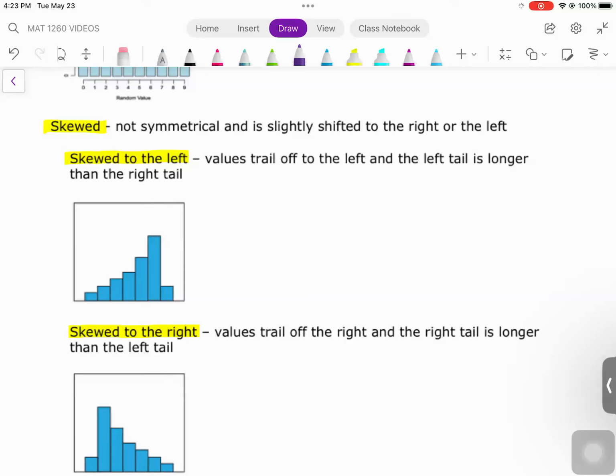If a distribution is skewed to the left, that means that the values trail off to the left, and the left tail is longer than the right tail. Another way to think about it is that skewed to the left has more data values on the higher end.